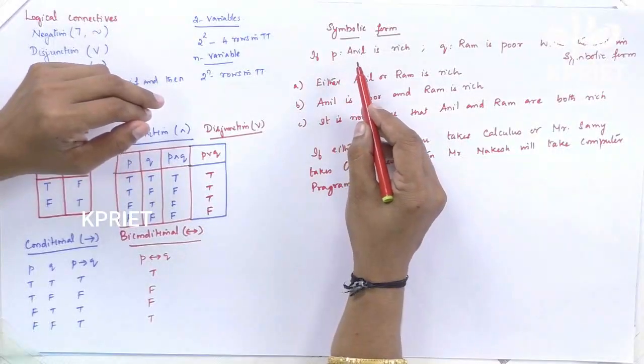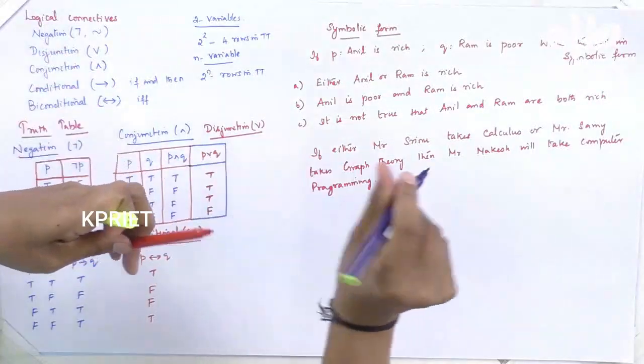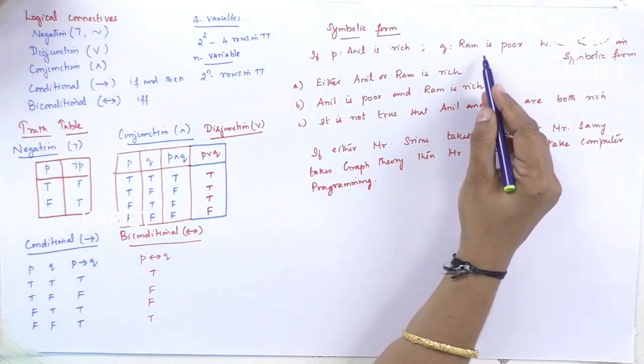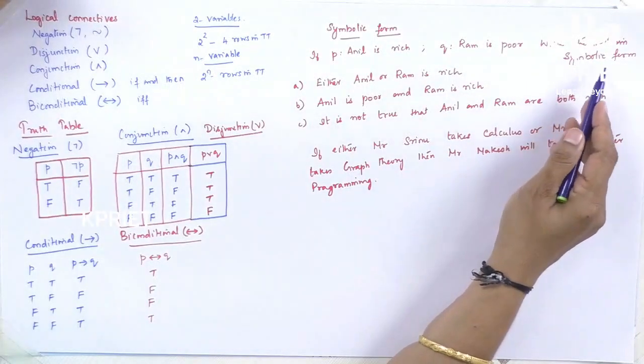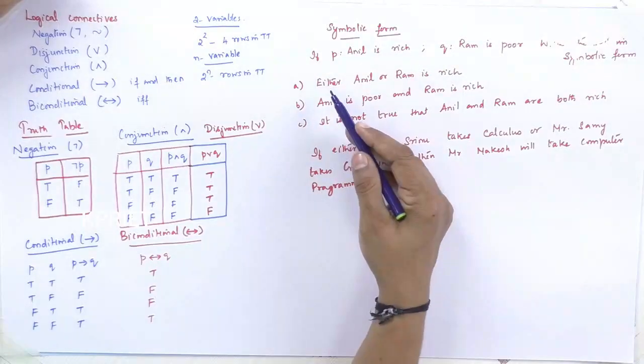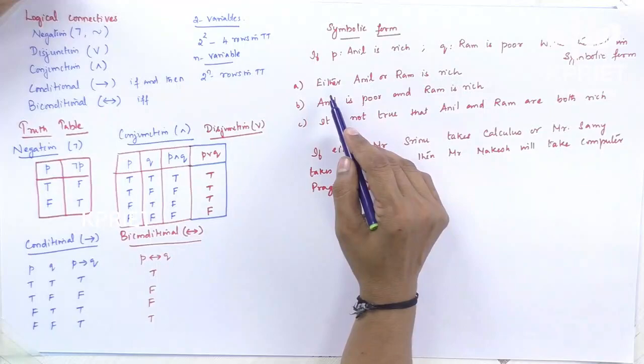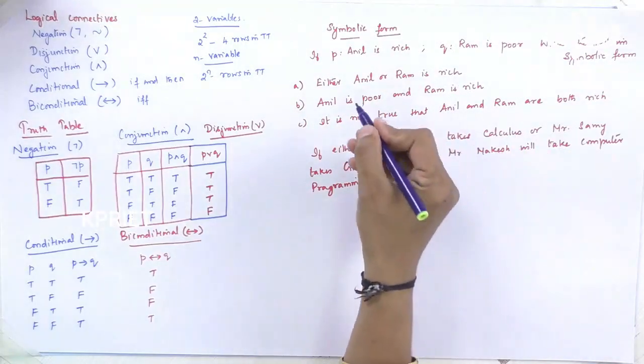If P represents Anil is rich, Q represents Ram is poor, write the following in the symbolic form. What is the first subdivision? It is either Anil or Ram is rich. How do I represent this in a symbolic form?